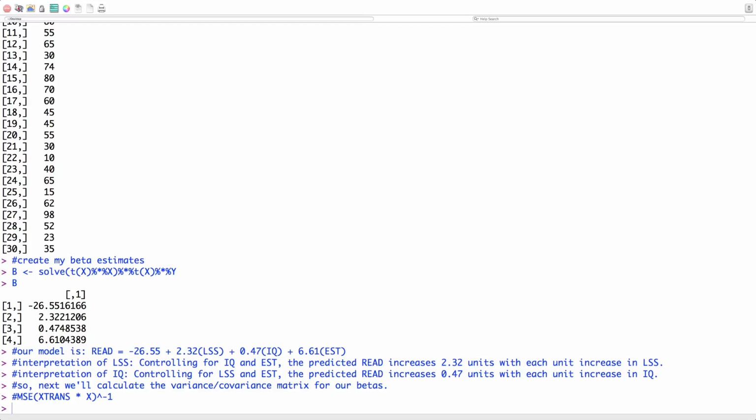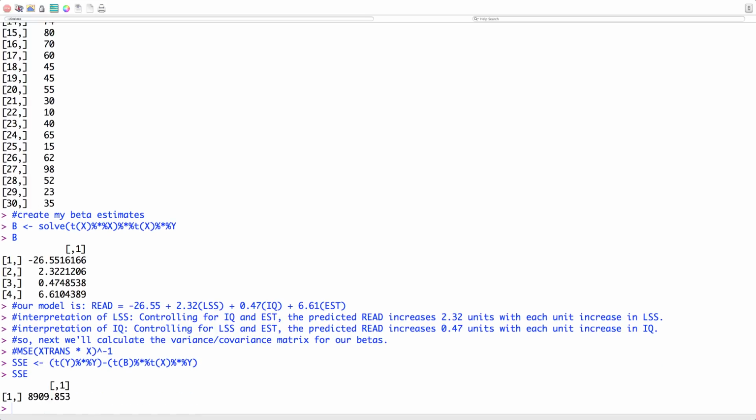The sum of squares for the error, so I'm going to take the sum of squares error term here, is calculated using matrices as transpose of y times our y, minus our transpose of beta times our transpose of x times our y.